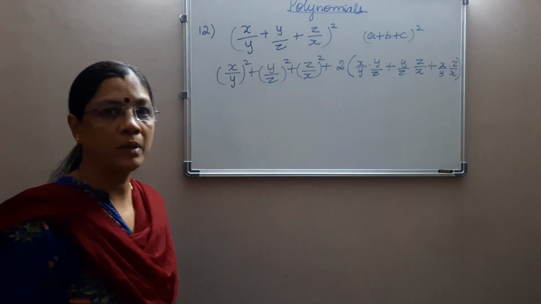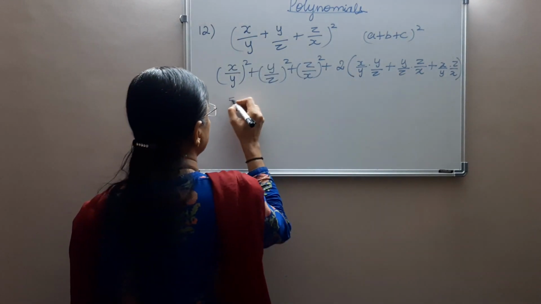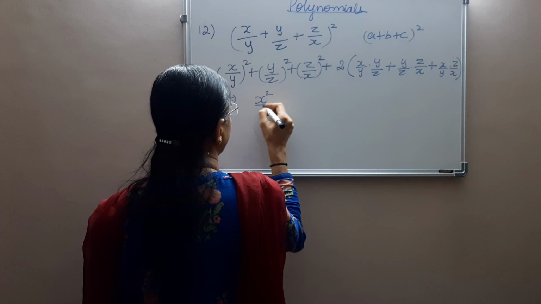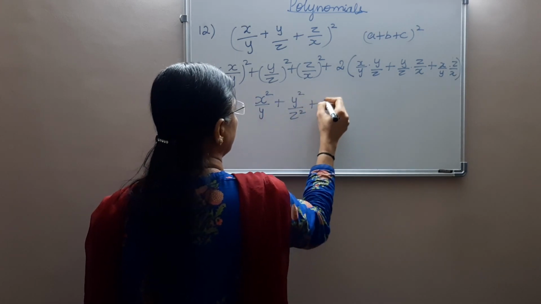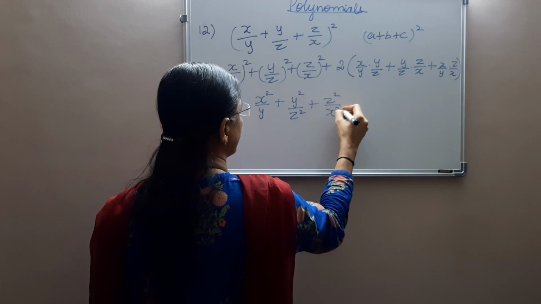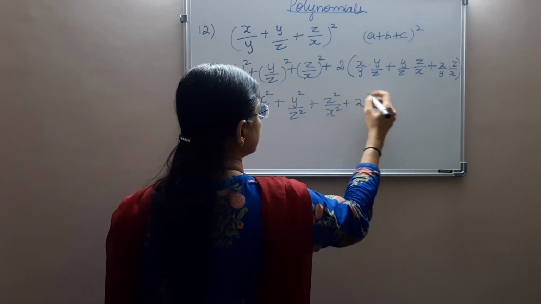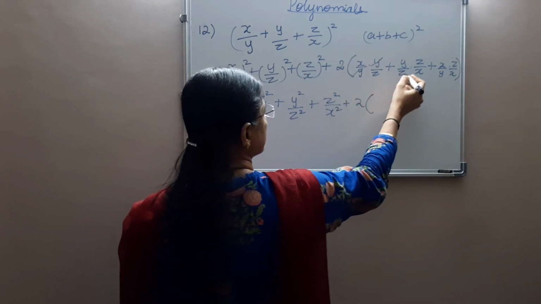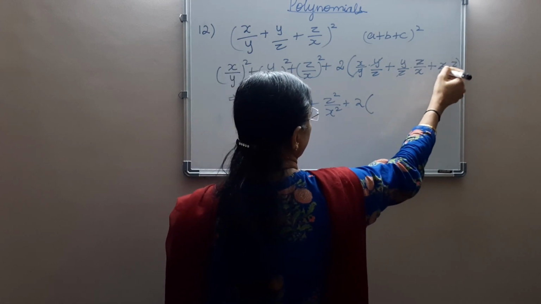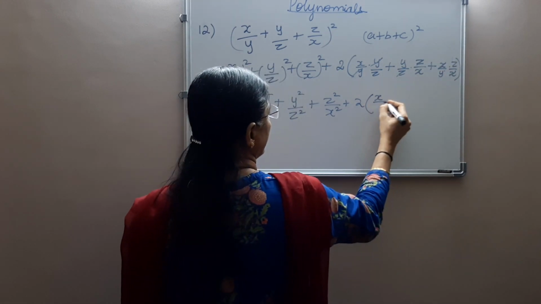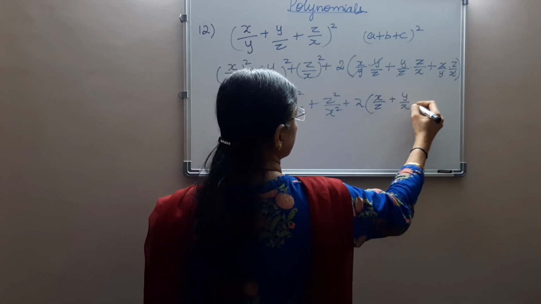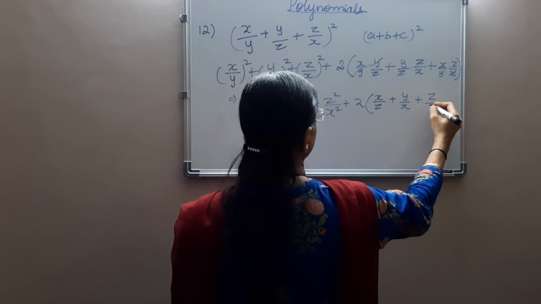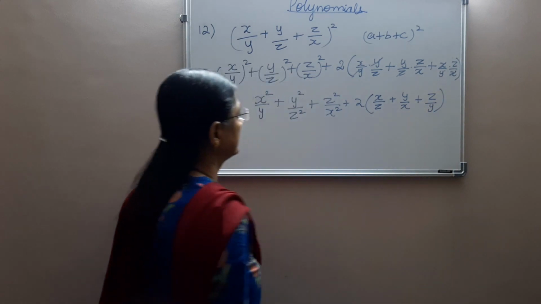Do you understand? Now this becomes x squared by y squared plus y squared by z squared plus z squared by x squared plus 2 times, and y gets cancelled, z gets cancelled, and x gets cancelled. So you have x by z plus y by x plus z by y.